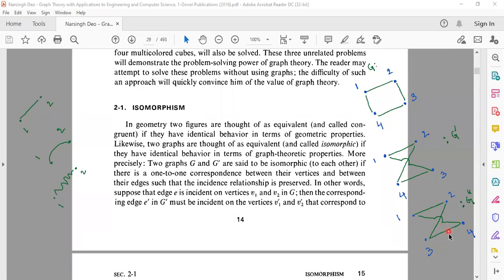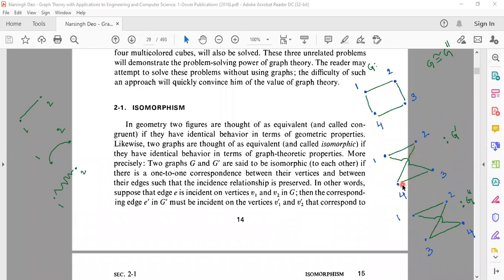And 4, 1 is connected. So 4, 1 are also connected. So you see that G double prime and G are actually isomorphic. And if G and G double prime are isomorphic, then we write this as G is isomorphic to G double prime. What about G prime?